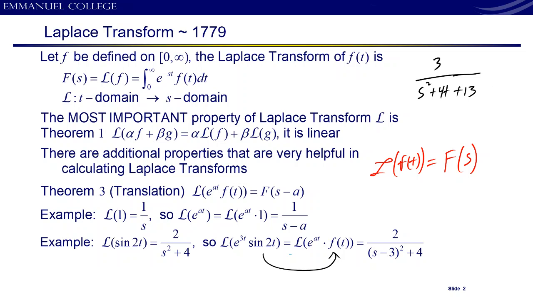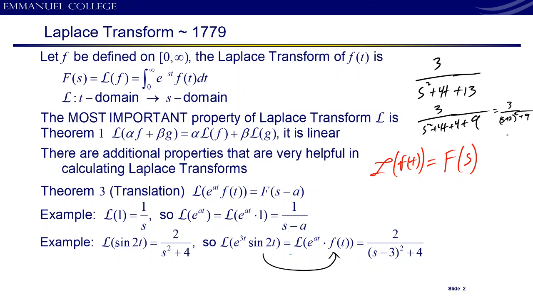Then you can say, well, I can complete the square here, so I can just do 3 over s squared plus 4s plus 4 plus 9. And then, lo and behold, this is 3 over s plus 2 squared plus 9, which throws it into that sine of 3t form. But it's now sine of 3t times e to the negative 2t, because this is minus.